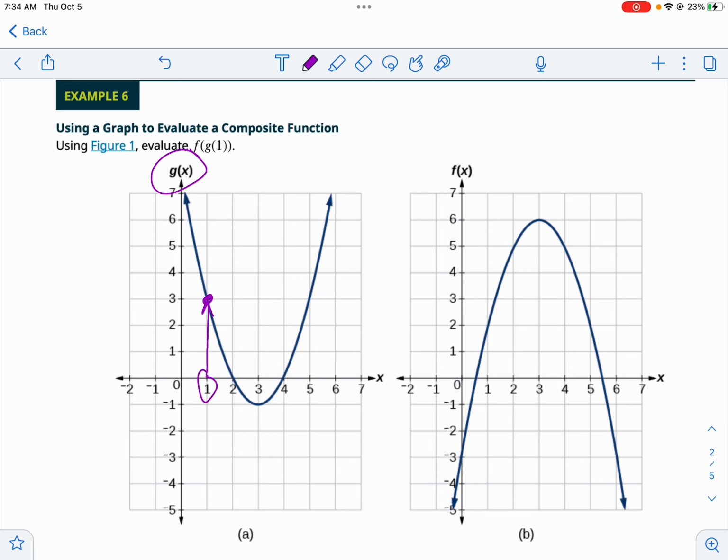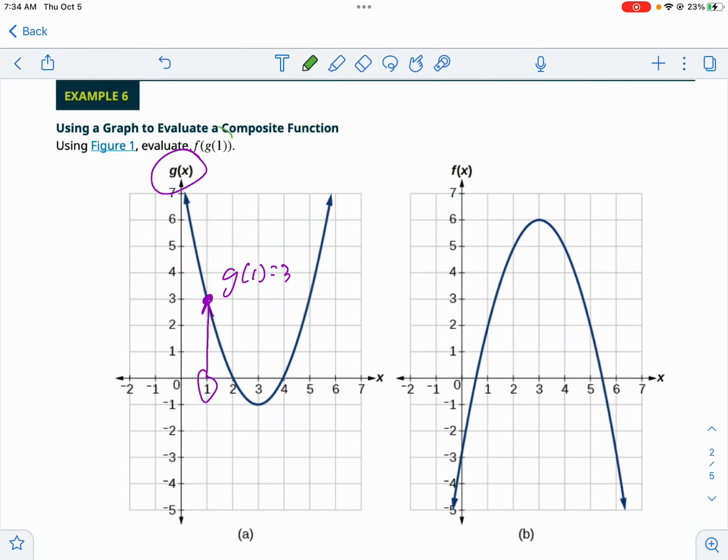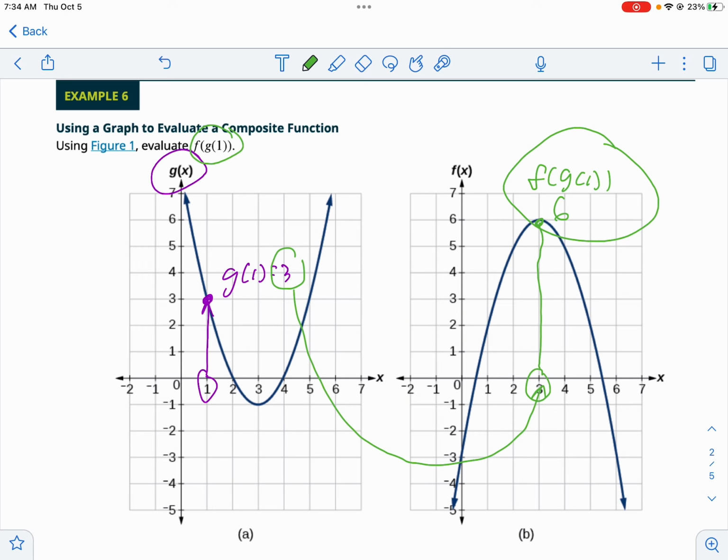So G of 1 is equal to 3. But if you want to know F of G of 1, now you take that 3, and it's equal to 6. So F of G of 1 is equal to 6. Okay, it's a map that tells you where to look on the second graph.